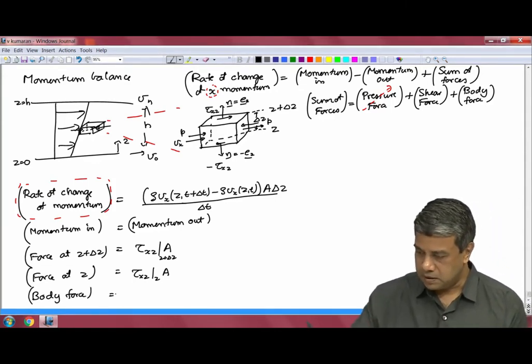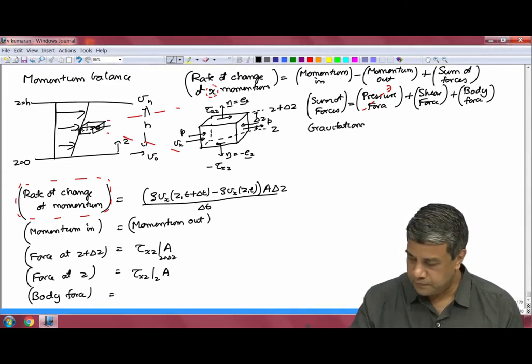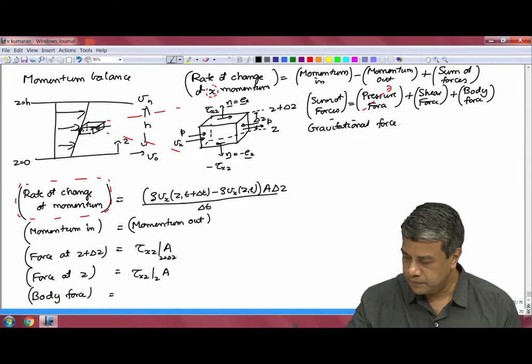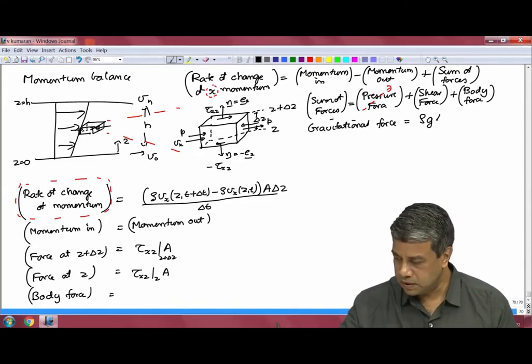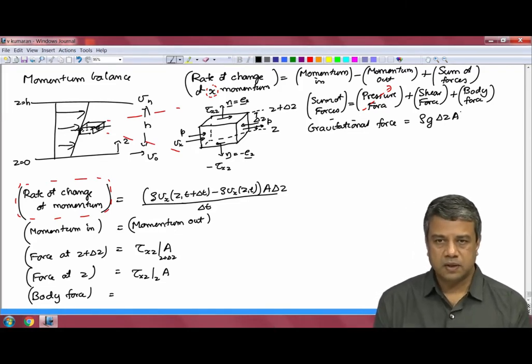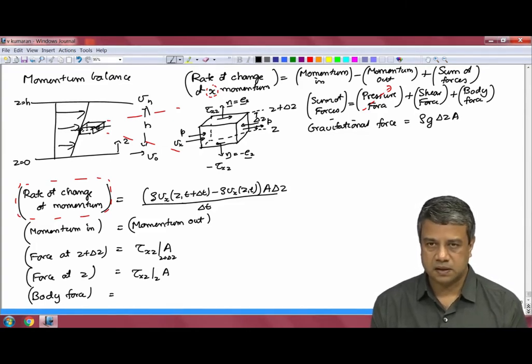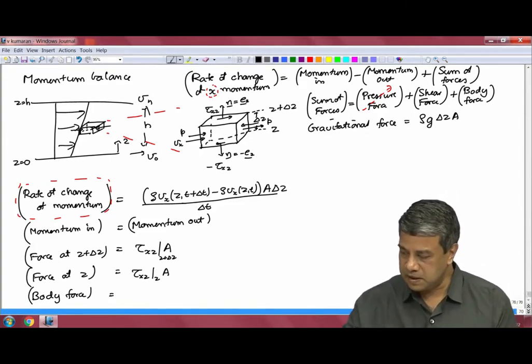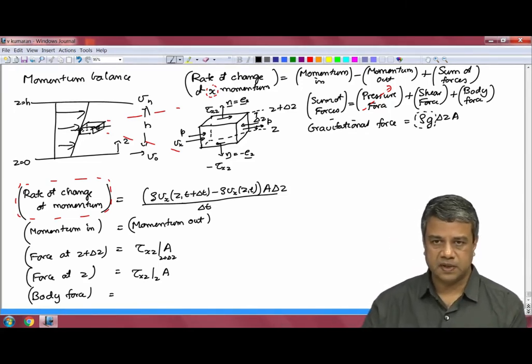So, for example, the gravitational force is equal to rho g times delta z times A. Rho times the volume, A delta z, is the mass, times g. So, the body force typically has the form of a force density times the volume.